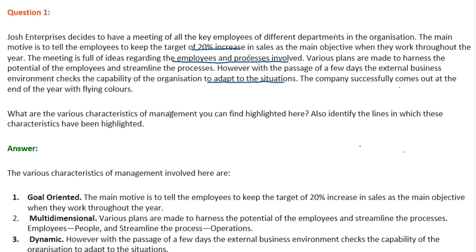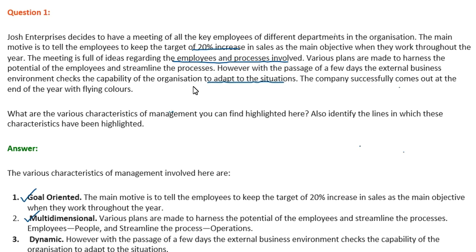20% increase in sales is the goal of the organization, so that makes this organization goal oriented. So the first feature is goal oriented. Second, employees and the processes involved. So this is multi-dimensional, as they have spoken about people and processes, that means operations.